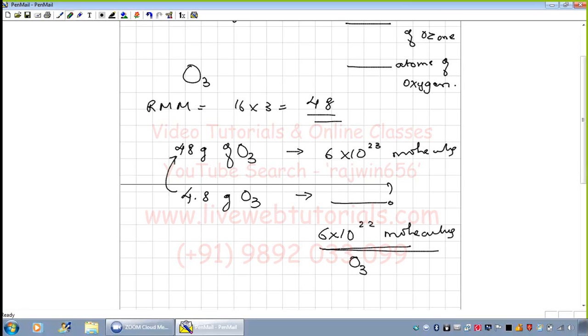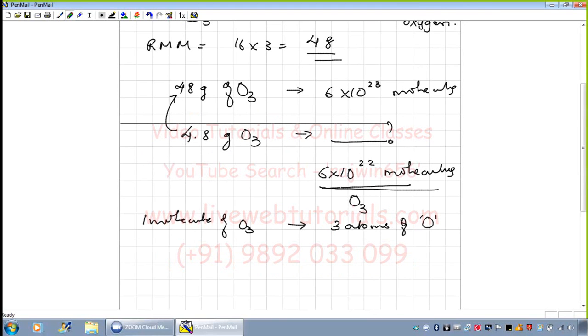Now how many atoms of oxygen are there? See, one molecule of O3 is having 3 atoms of oxygen. These very molecules will have how much? So 6 into 10 raised to 22 molecules of ozone will have how much?